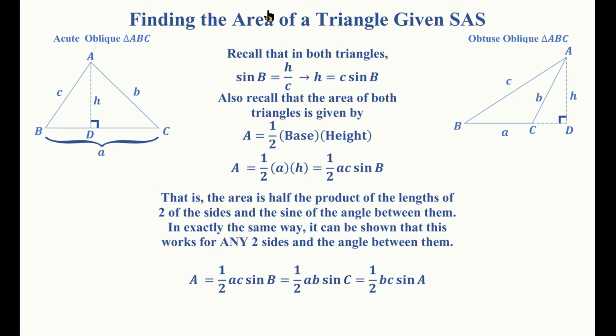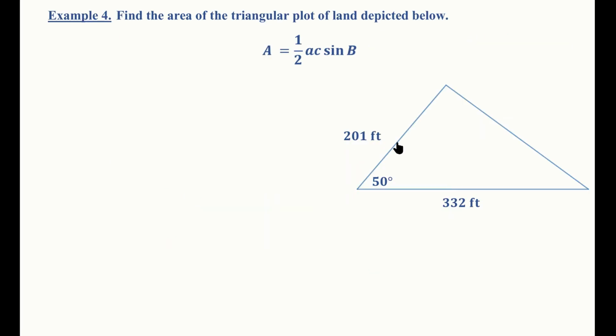Let's see if we can apply that real quickly. All right, so here indeed we are given two sides and the angle between them. The way that we will utilize this formula is we'll just say A equals 1/2, assuming we can just call those A and C. So 1/2 of 201 times 332.